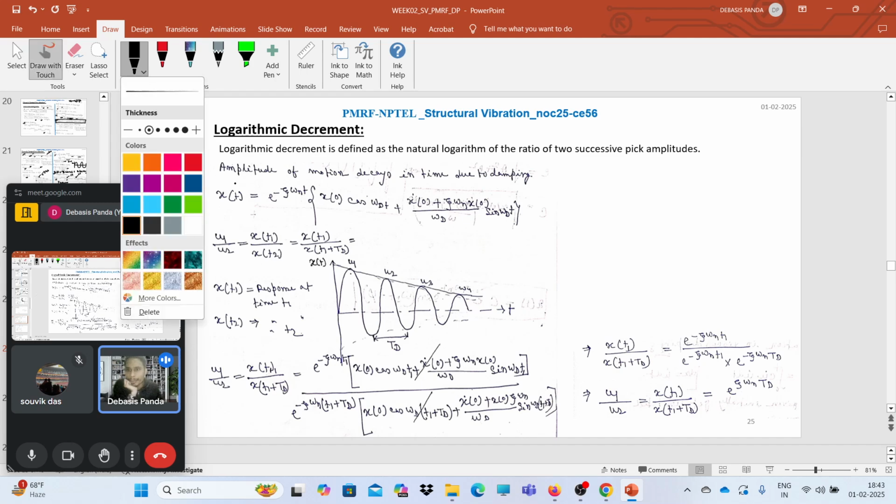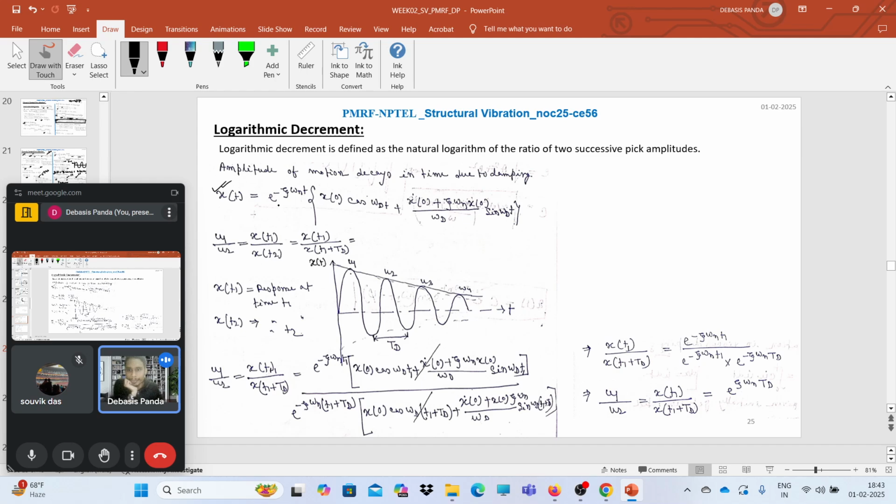And if we see the solution for the equation, e to the power minus zeta omega n t is there; this is actually the decaying envelope. What was the equation? e to the power minus zeta omega n t, a cos omega d t plus b sin omega d t. Right?